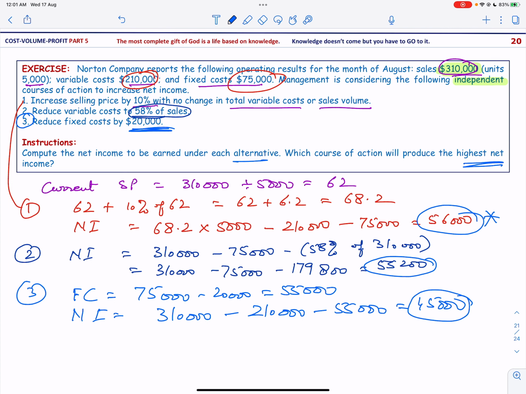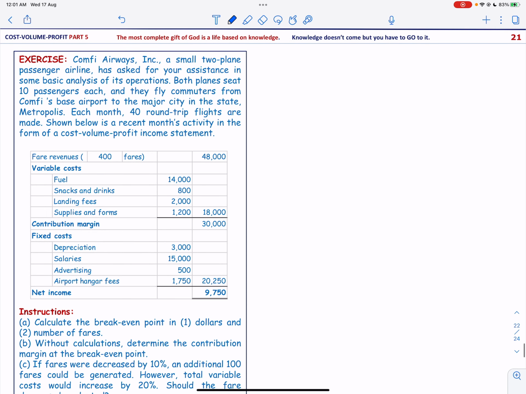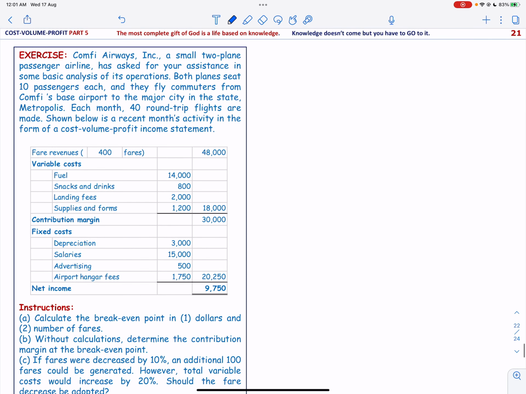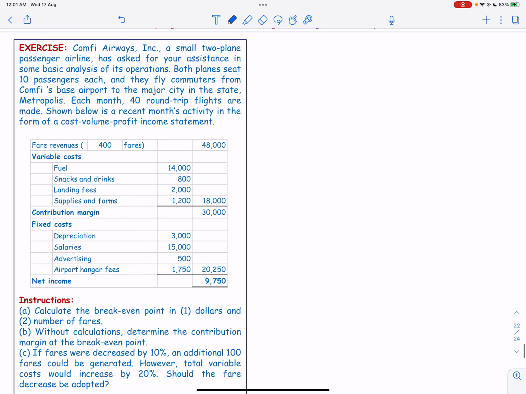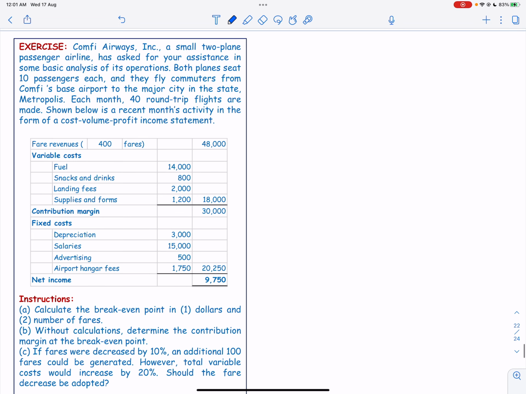Next, let us compute break-even point and prepare a cost, volume, profit, income statement. So Comfy Airways Incorporation, a small 2-plane passenger airline, has asked for your assistance in some basic analysis of its operations.